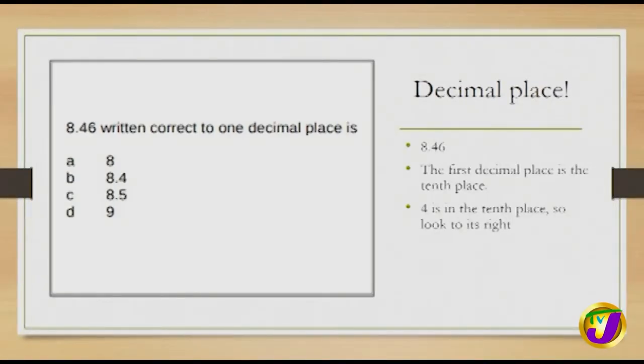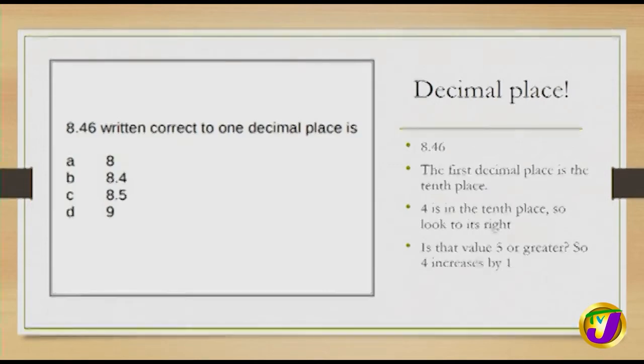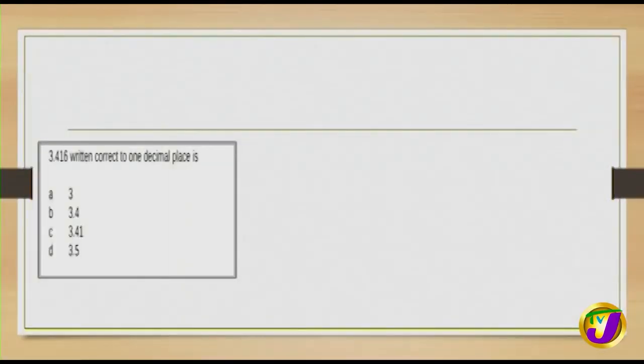So we look to the right of 4 and we see a 6, right? So it is greater than 5, so we increase 4 by 1 and it becomes 8.5. So 8.46 to 1 decimal place is 8.5. All right, so let's look at this question.